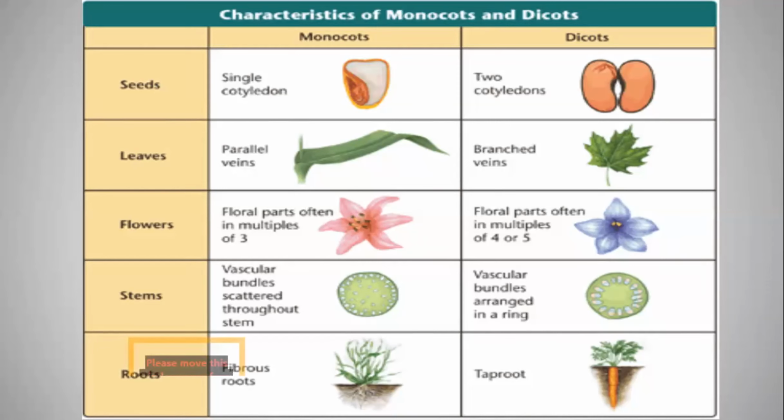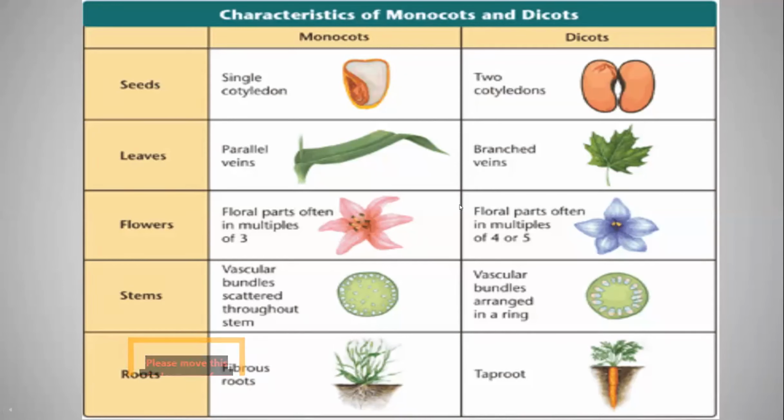But they rarely go straight up to 12 parts. For example, if you look at the pink flower drawn in the diagram, you notice its petals are 1, 2, 3, 4, 5, 6, multiples of 3. So that means that is a monocotyledonous plant.